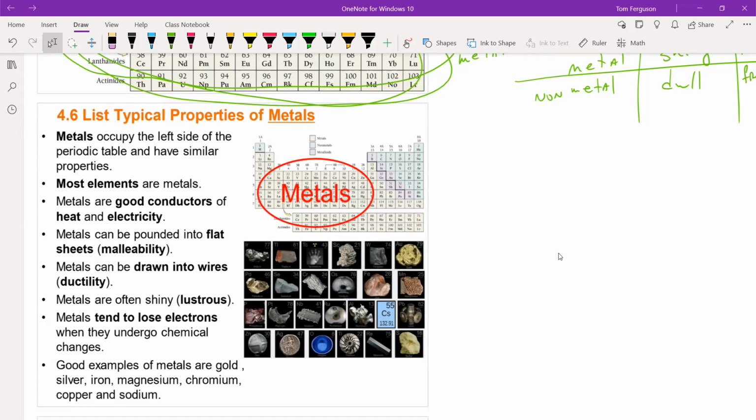They don't conduct electricity. They don't bend, and they're always dull, and you can't shine them up. Okay, so 3 main properties: conductivity of electricity, bendable, and shiny. And the metalloids are a little of both.